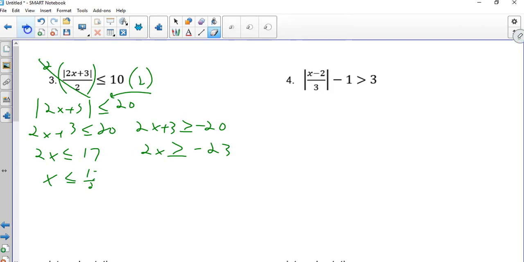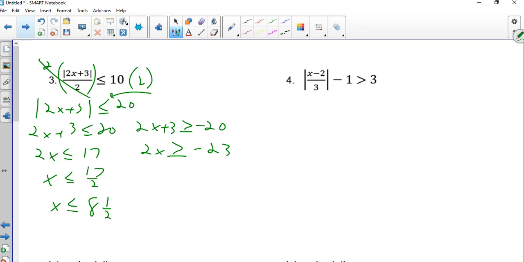Probably don't want to put an equal sign for the inequality, so x is less than or equal to 2 times 8 is 16 plus 1 is 17 halves, 8.5. And I'm going to divide by 2 here.